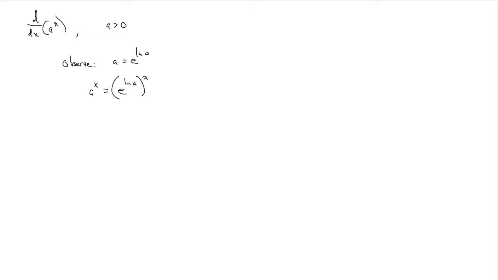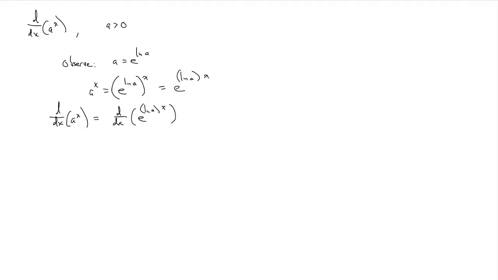All right, moving on from there. Since a is e to the natural log of a, a to the x is e to the natural log of a, all to the x, which is just e to the natural log of a times x by the properties of exponents. Returning to our consideration of the derivative, that makes the derivative of a to the x the derivative of e to the natural log of a times x.